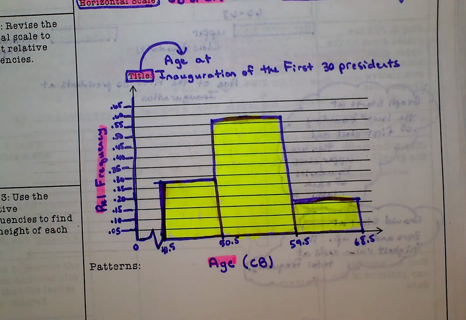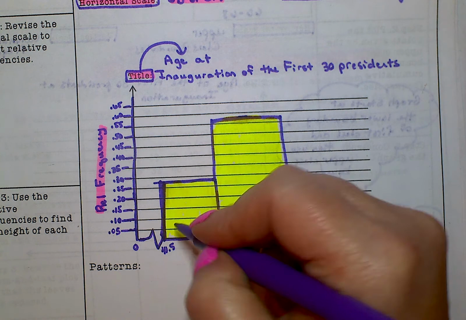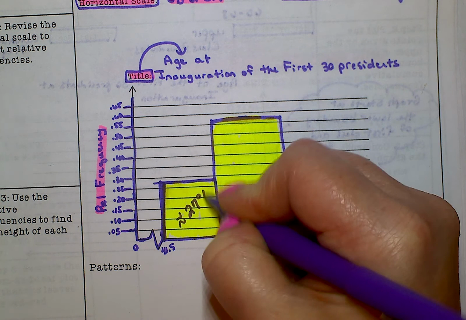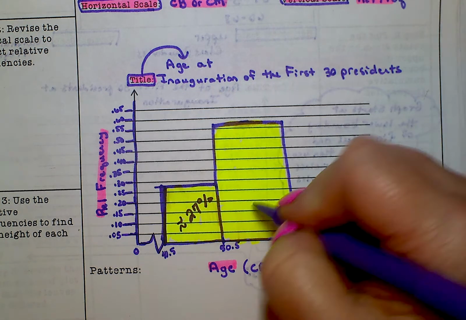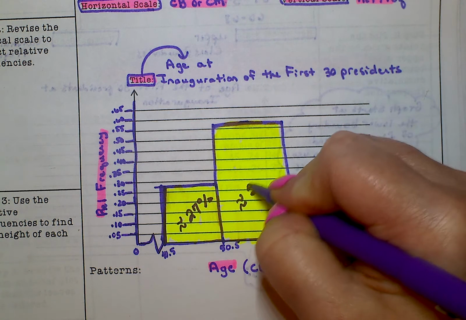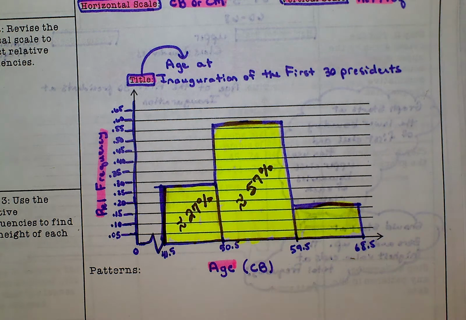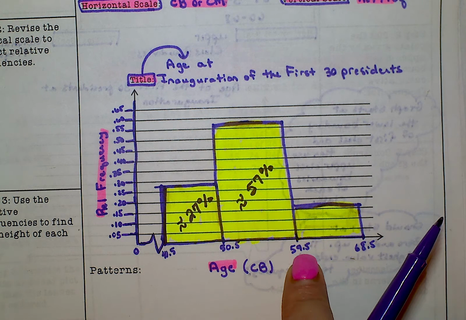Okay. Now, when you're looking at that, you can look and tell where most of the percentage of the data is lying. So if you look at this bar, you have approximately 27% of the presidents were between those ages. This one would be approximately 57% of the presidents' ages would occur in here, from 51 to 59 or so.